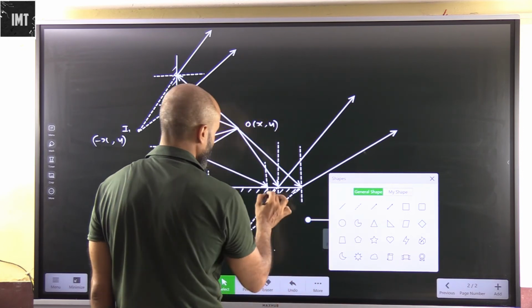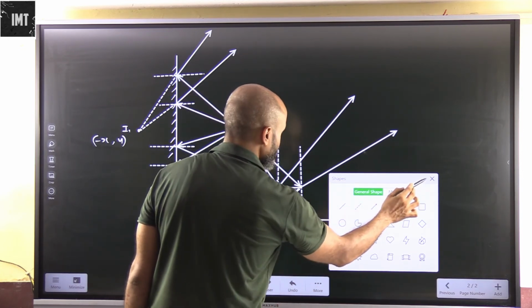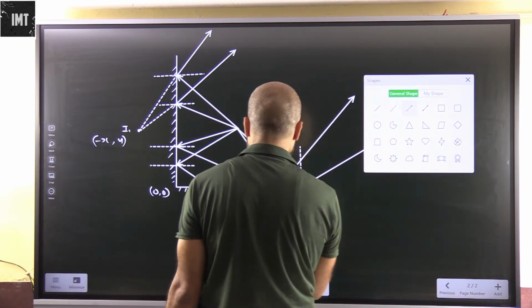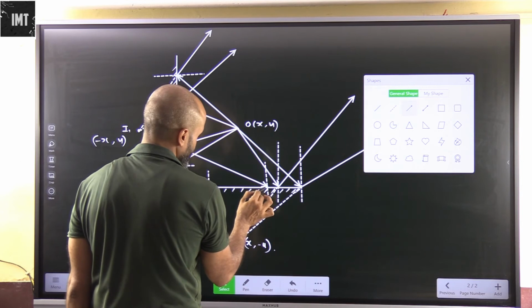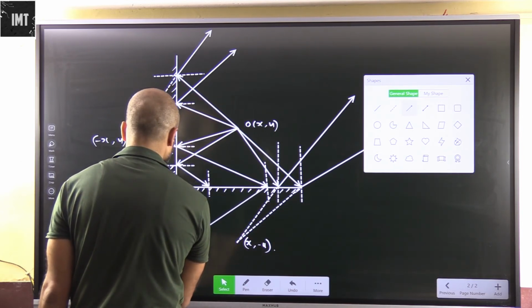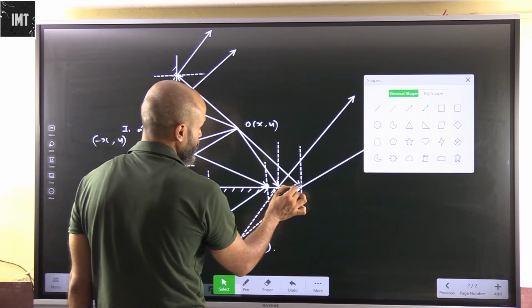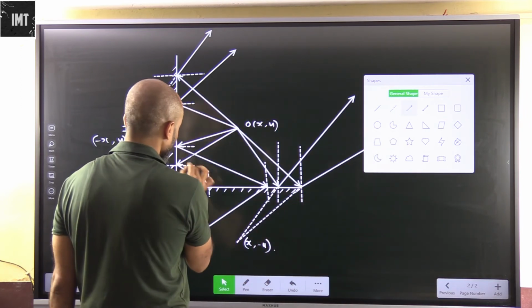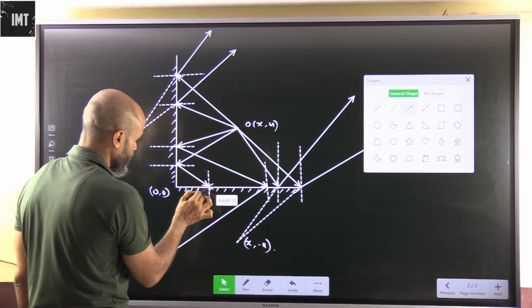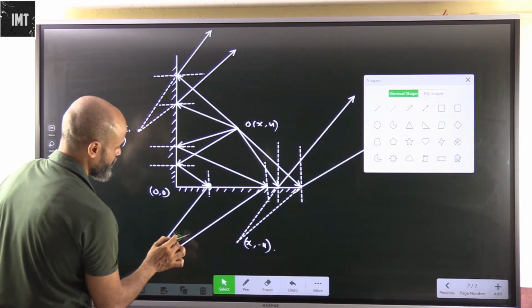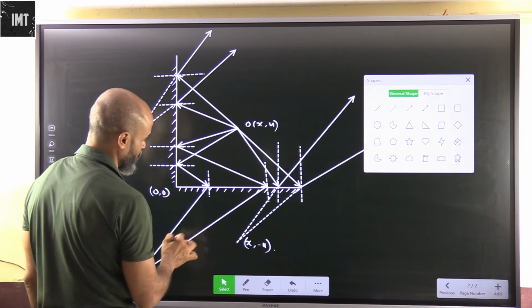So I will draw the reflected rays here. Let's draw the reflected ray here. This will be somewhere here, and obviously the reflected ray from here will reach here, and the reflected ray from here will reach somewhere here. This is obviously the virtual rays.